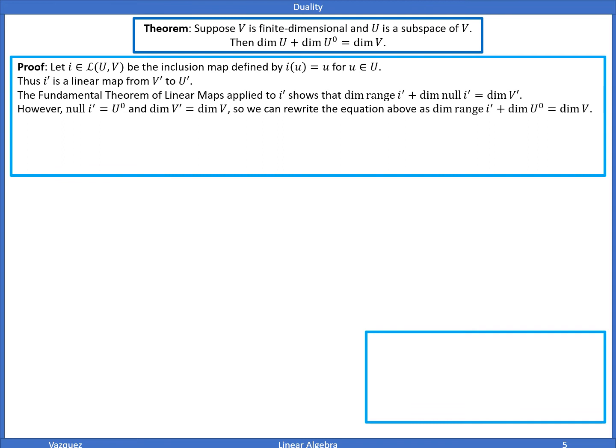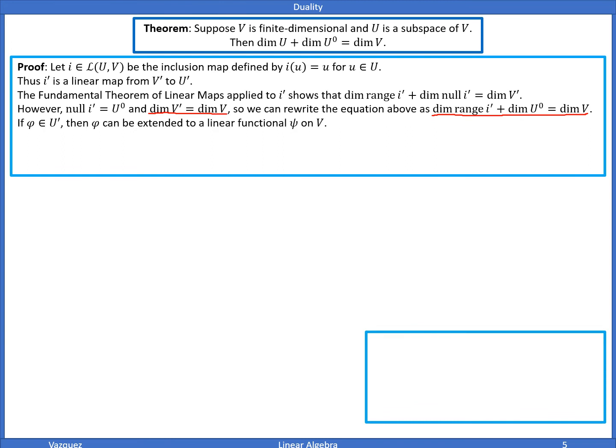And we had seen in one of the first theorems that the dimension of the dual space is the same as the dimension of the vector space. So we can rewrite the equation as follows. The dimension of the range of I prime plus the dimension of the annihilator of U is equal to the dimension of V.